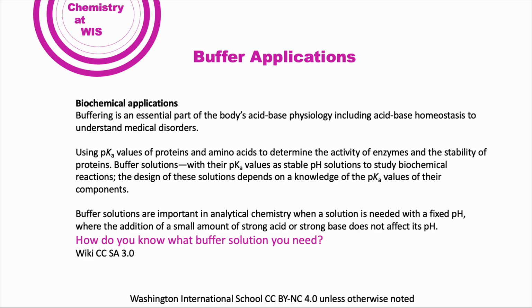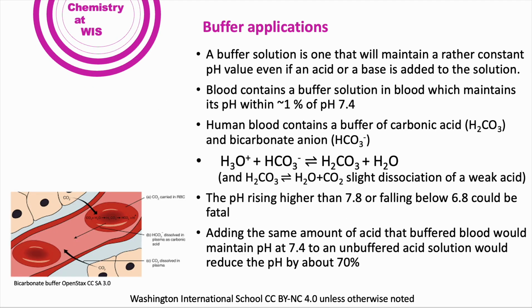So how do you know what buffer solution you need? Look at its pKa. And here in the body, you've got human blood with a pH within 1% of 7.4. And you've got that reversible reaction, so your weak acid, can't really call it carbonic acid.